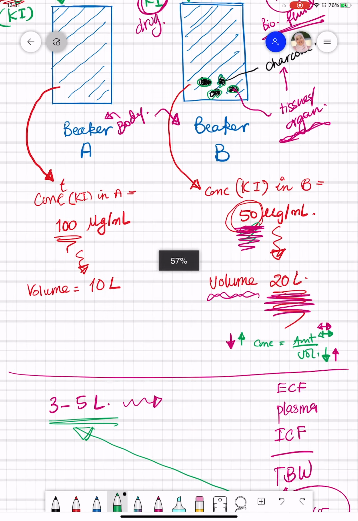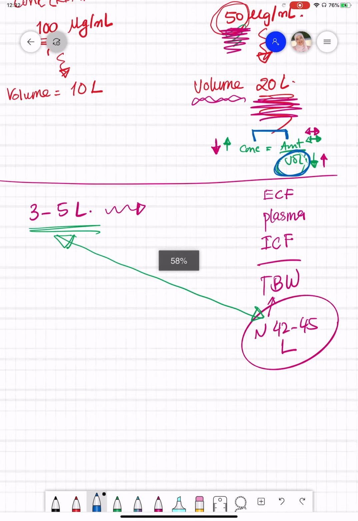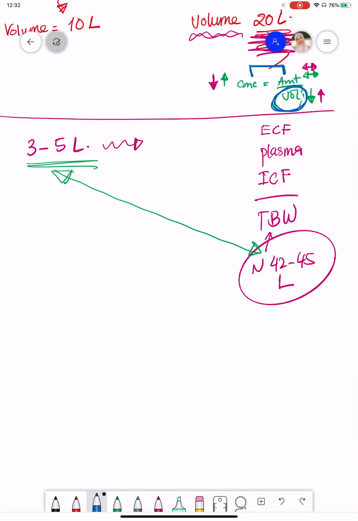Why? Again, because the volume that we are having as a number is an apparent volume, and it's just a factor relating the concentration that is measured in the systemic circulation with the amount of the drug in different tissues and organs. And again, we are still talking about one compartment, IV bolus and single dose.